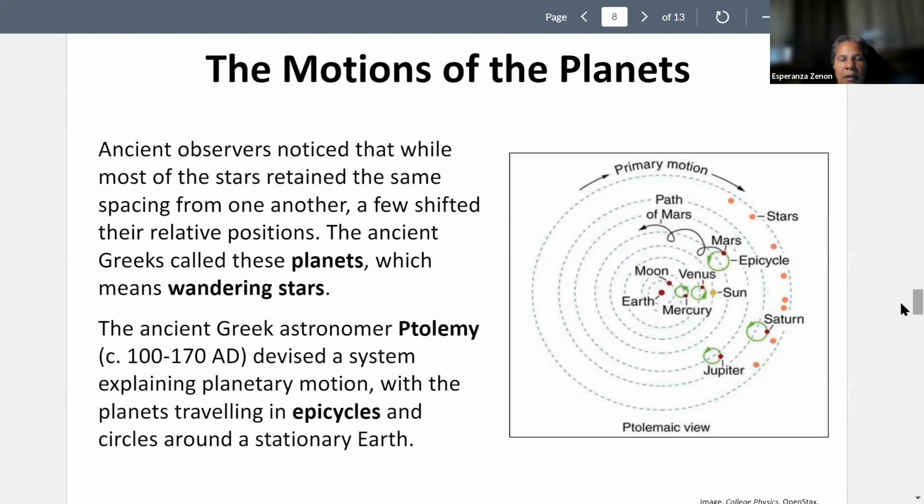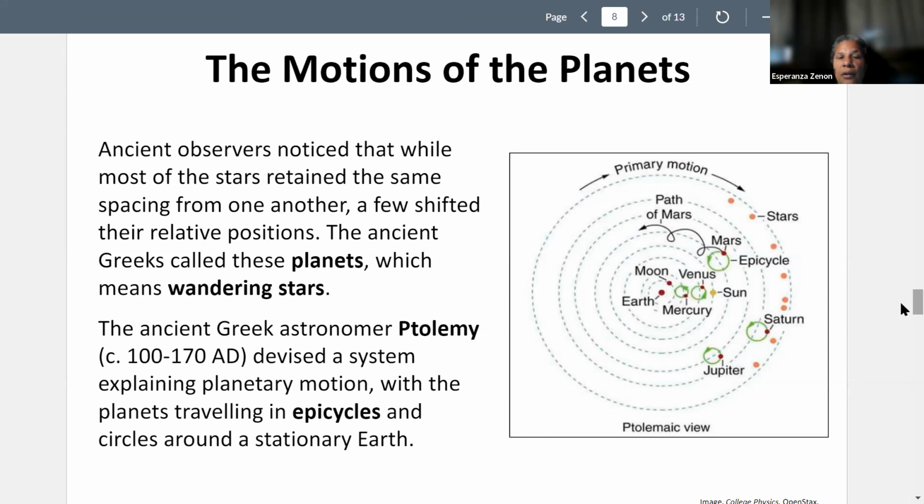Okay, and they called these planets wandering stars because they actually thought they were stars in the sky. They thought that there were some stars that stayed stationary, but other stars that wandered around, and so instead of calling them planets, they called them wandering stars.